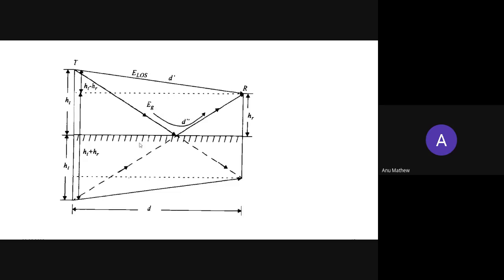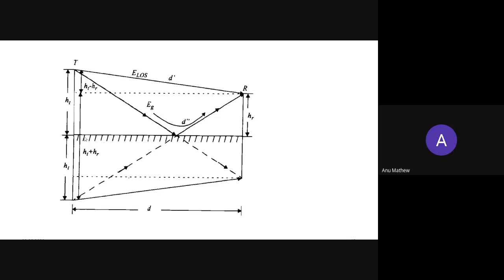In order to find the expressions for D double dash and D dash, we use this image of the ground reflected model, or this two-ray model, and we get D double dash equal to the square root of HT plus HR the whole square plus D square.